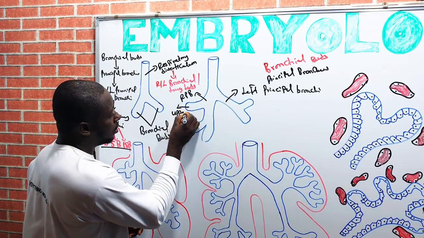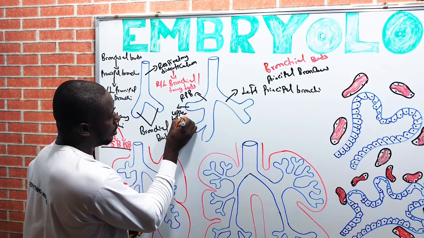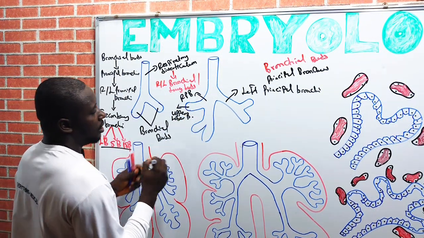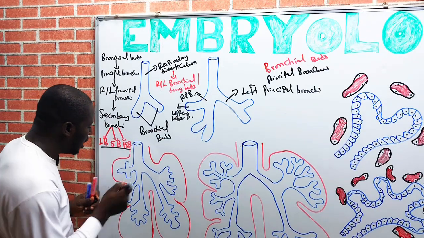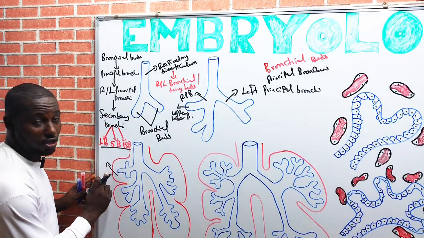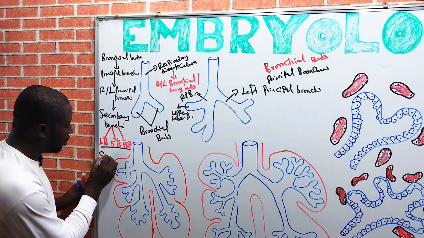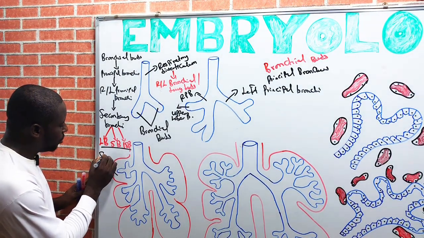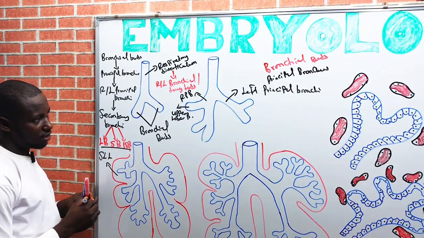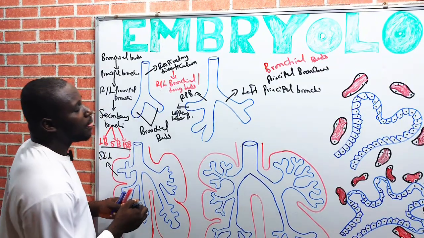The upper lobar bronchi supply the superior lobe of the lungs. Here is the superior lobe of the lungs.